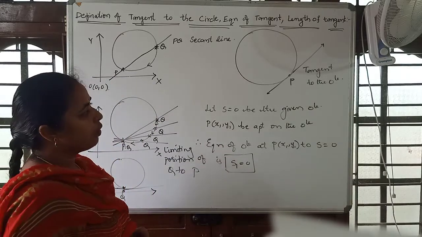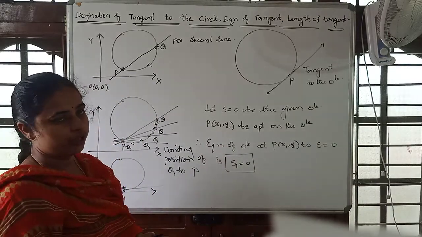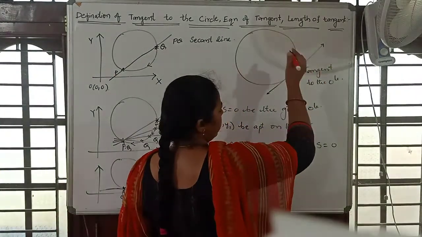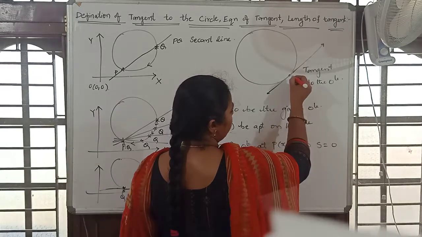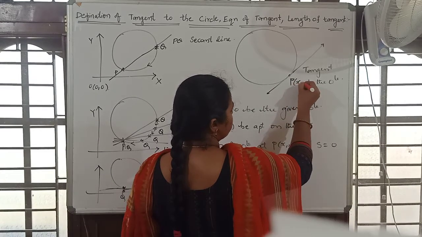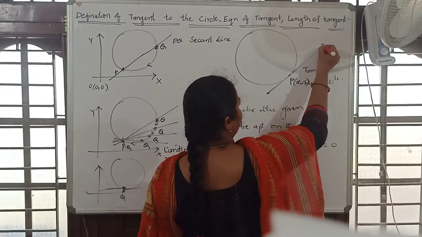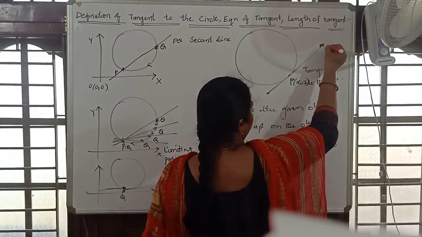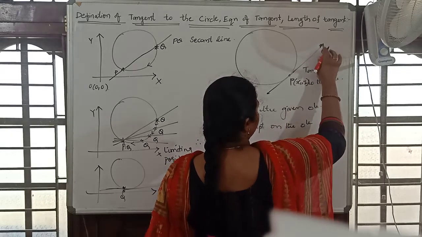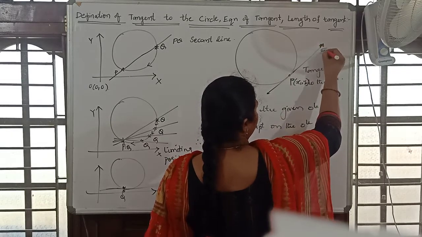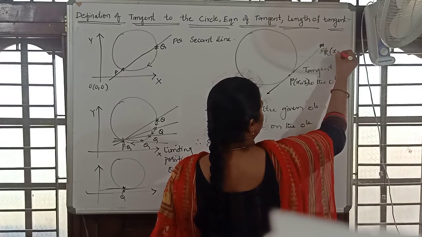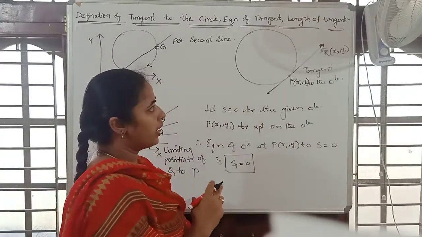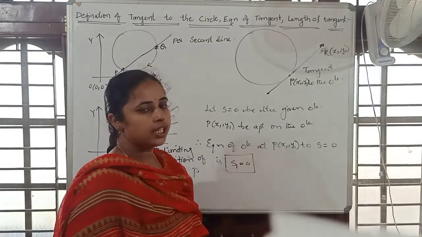Now we'll see what will be the length of the tangent. To find the length of the tangent, in this diagram, this is a point P on the circle, the point is x1 comma y1, and take one more point which is exterior to the circle. Take another point R of x2 comma y2, and this point R is exterior to the circle.